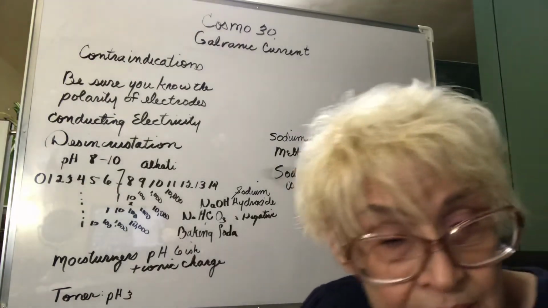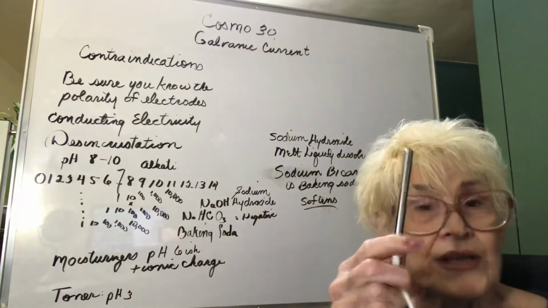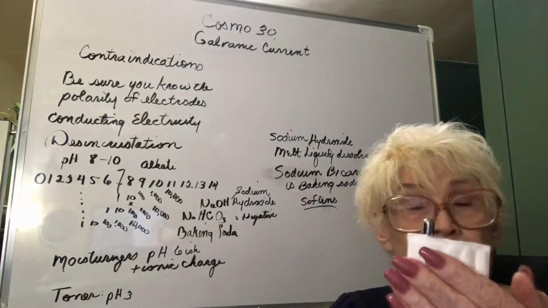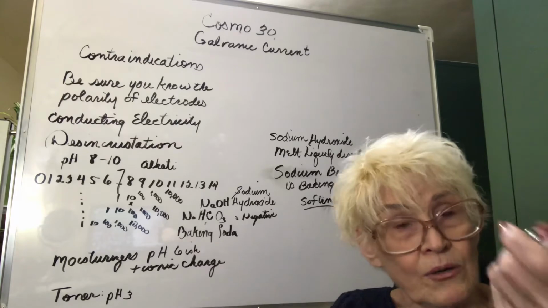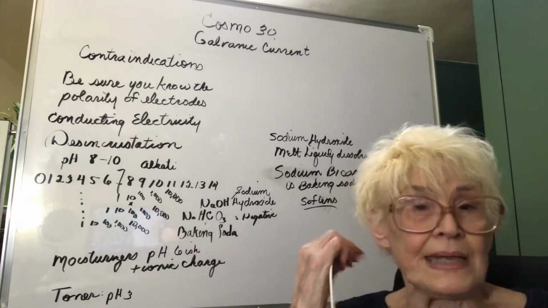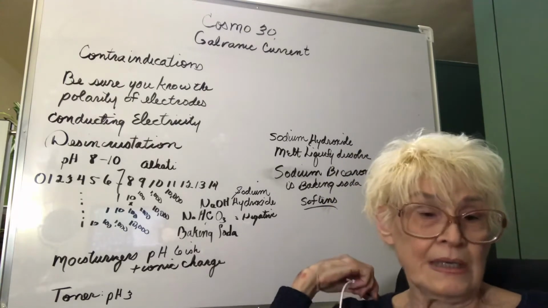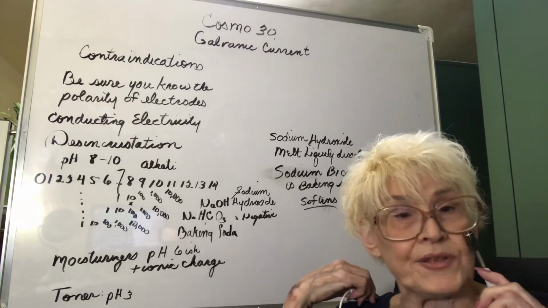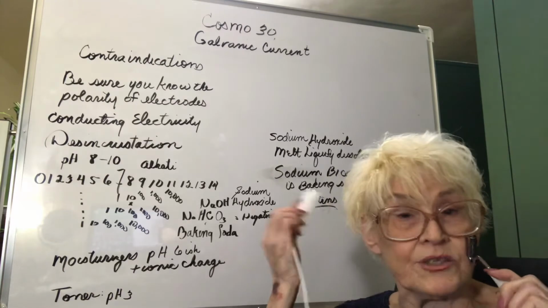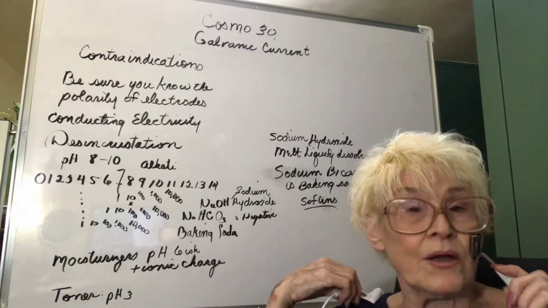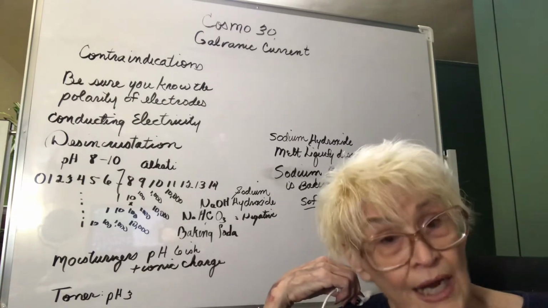The client always holds the inactive electrode. It's wrapped in wet cotton, and she's either told to hold it in her hand or you place it under her shoulder. Then when you make contact with the skin, the electricity goes from this electrode to this one. But it goes through the entire body.